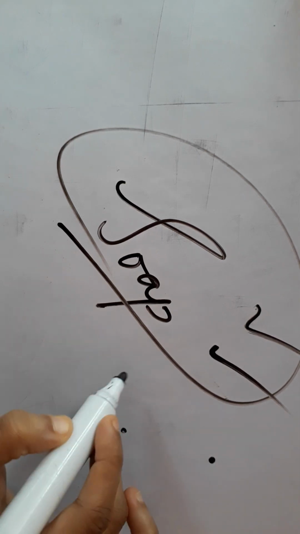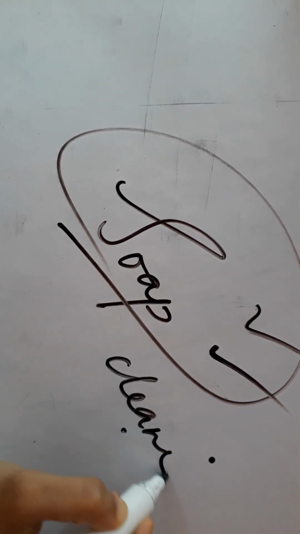So let's see how micelle formation takes place when we use soap. We know when we use a soap, it cleanses our clothes, isn't it? So how does that formation take place? How does our dress become so tidy? We are going to learn. So let's see the scientific reason behind the micelle formation.